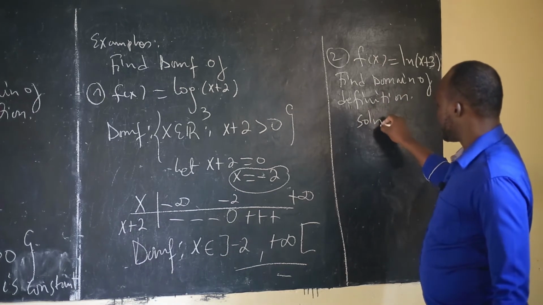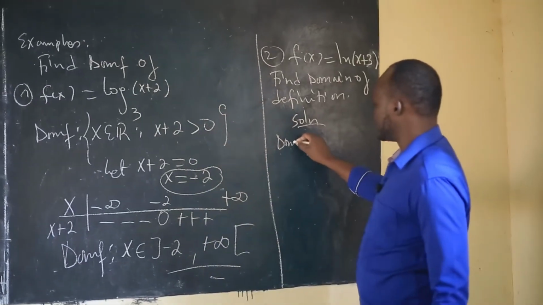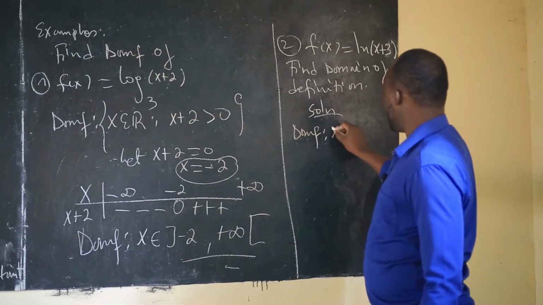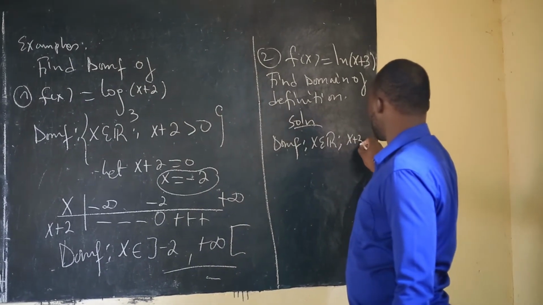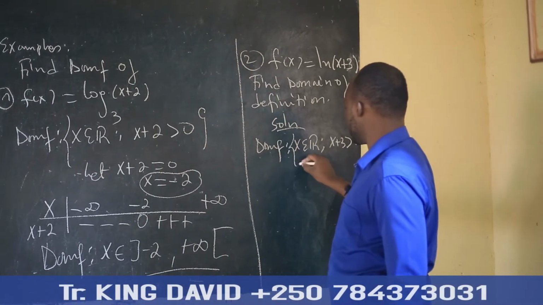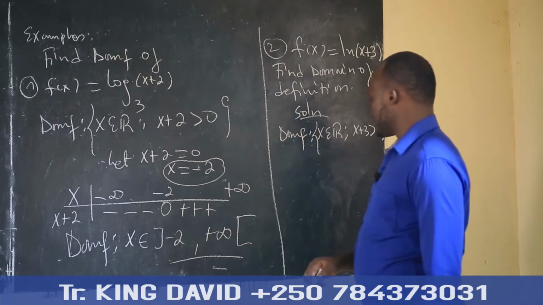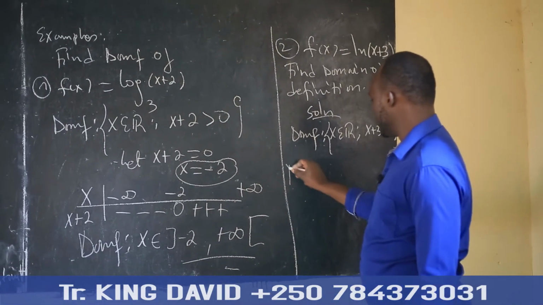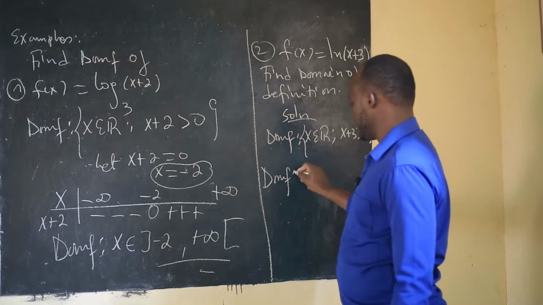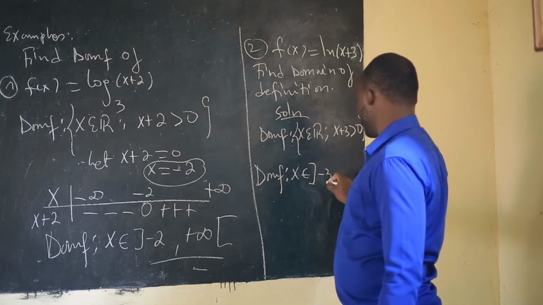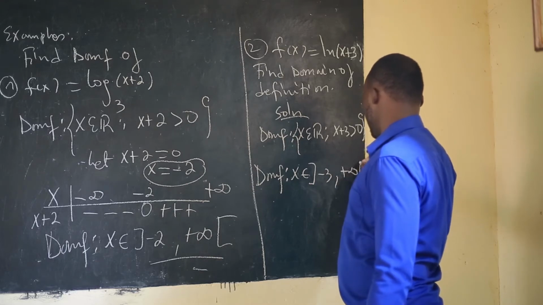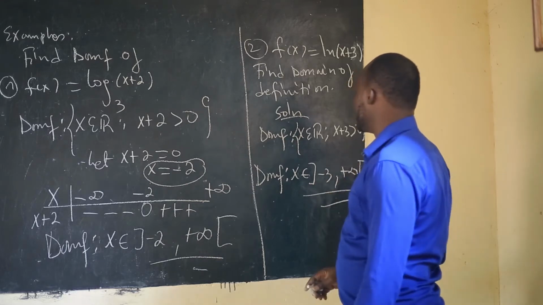So dom f is that x is a member of real numbers such that x plus 3 is greater than 0. That's the condition. As you study the sign, x will be a member of real numbers from negative 3 to positive infinity. That will be the answer.